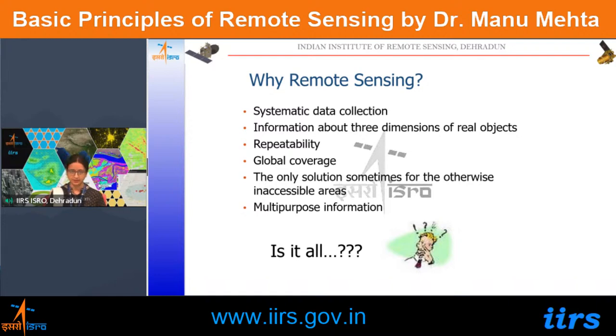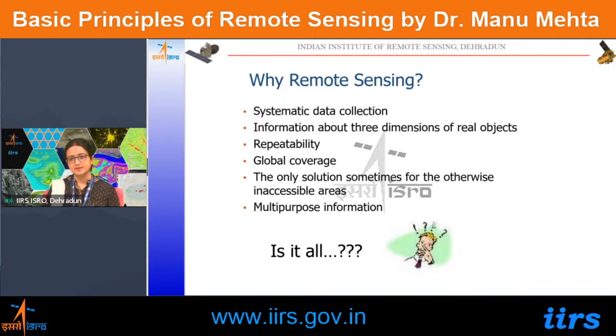Then coming to repeatability. Now, repeatability, when I speak about, it is the repeatability in terms of space as well as time. So we can repeat the information over a same area after regular intervals of time. Then comes global coverage, which is possible using remote sensing. In fact, there are satellites which can have a global coverage in a day or two.